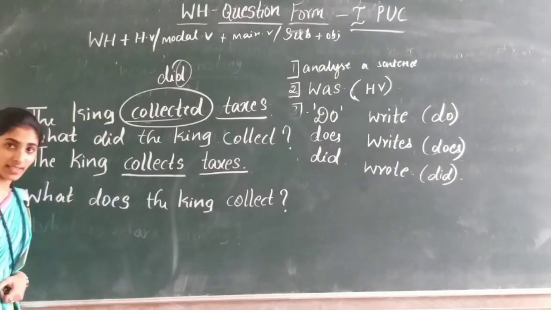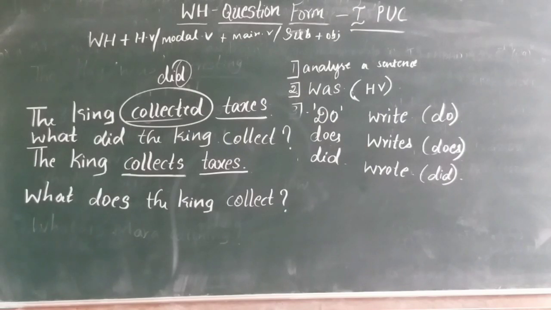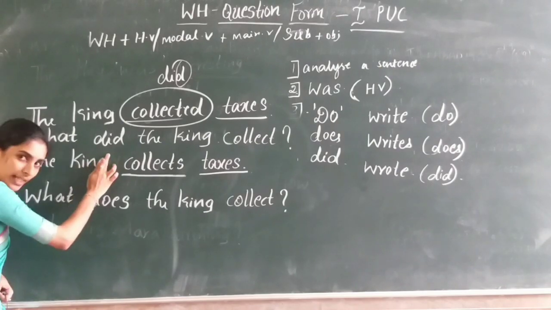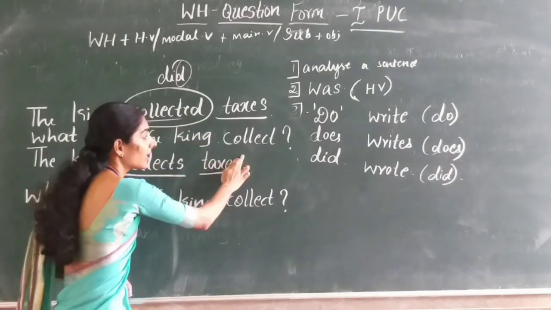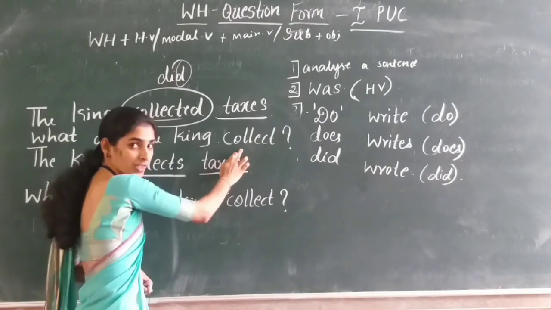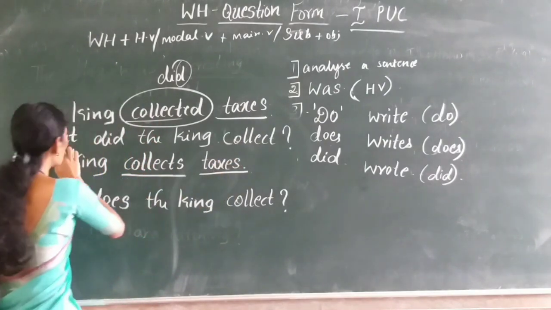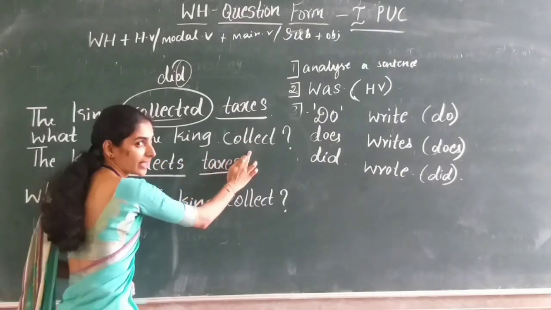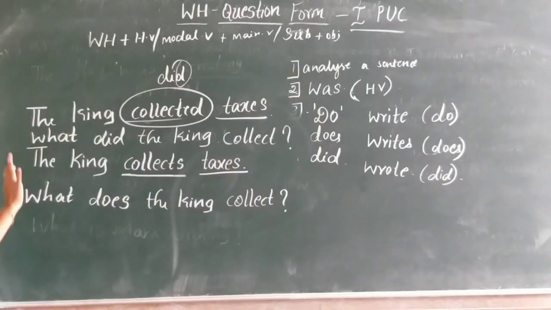Not collected. I hope you are able to follow what I am saying. Again, once you write did, do not write the past form of the verb. Don't write V2. Just write V1. So what did the king collect? Not collected. I hope this is clear.